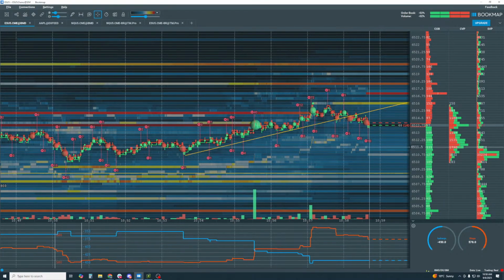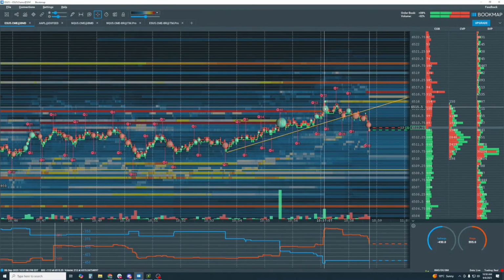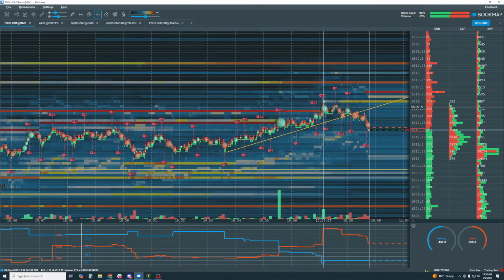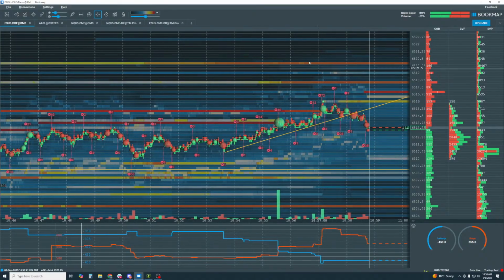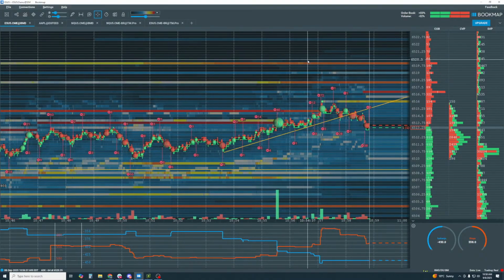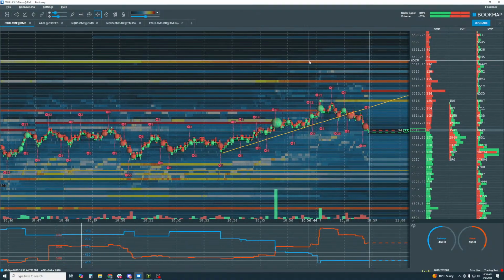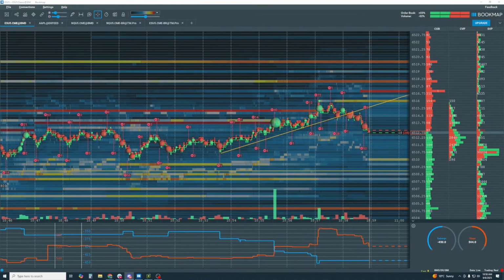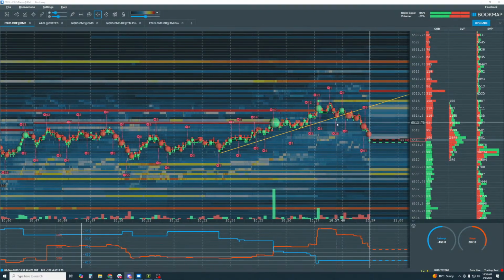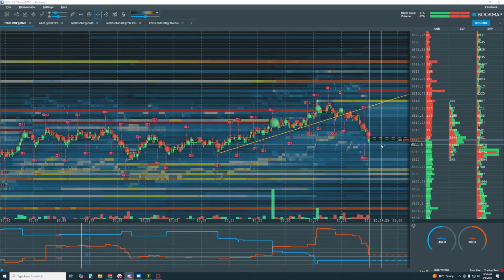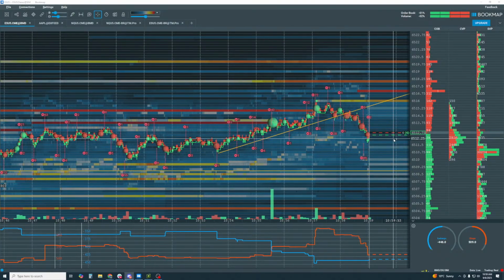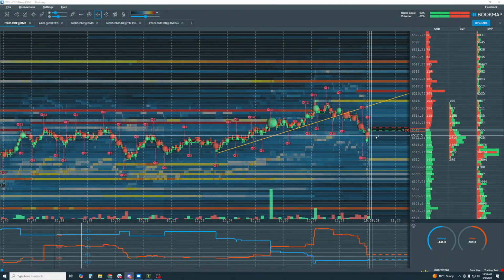They're just high volume nodes. Okay, so it's already hit this one, and we're going to get some profit taking there.